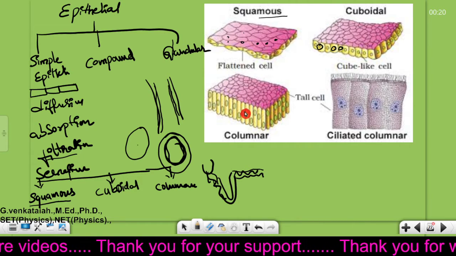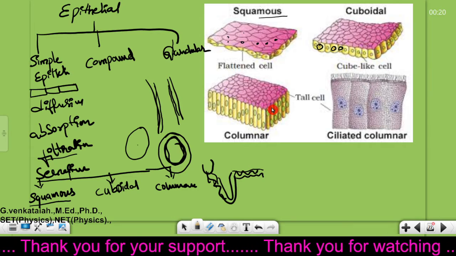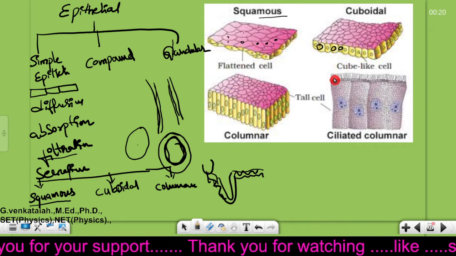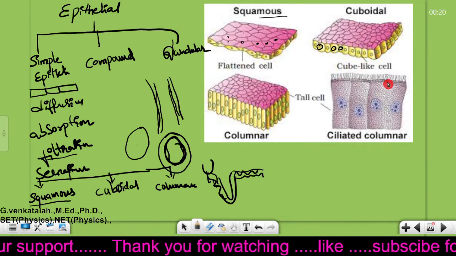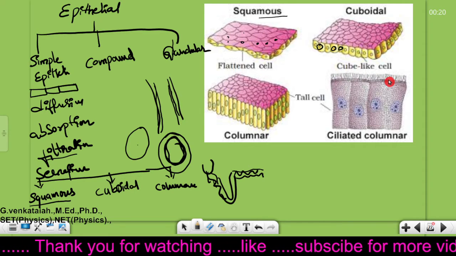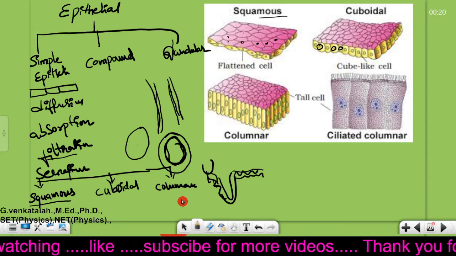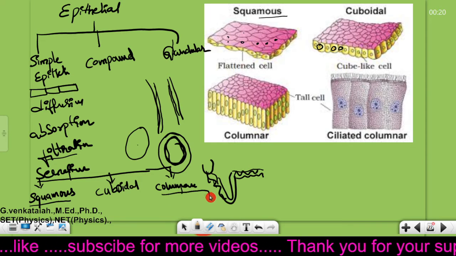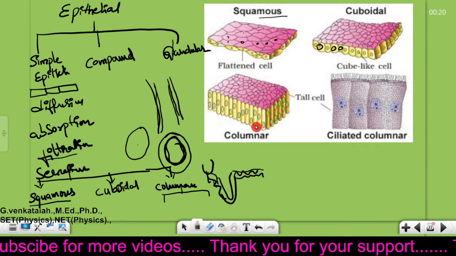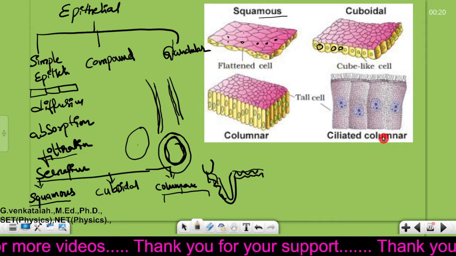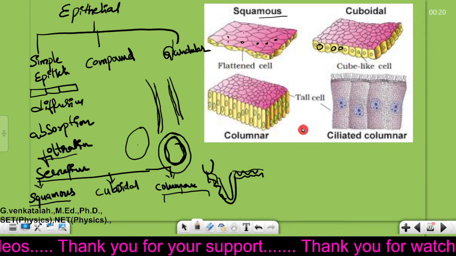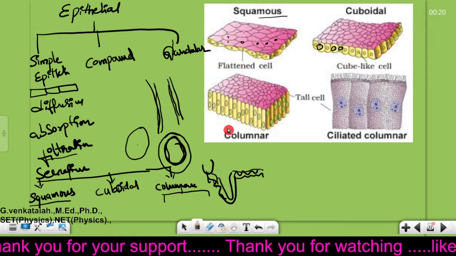But here, on the surface of the epithelial tissue, some cilia are present. Depending on the presence of cilia, columnar epithelium is divided into two types: ciliated columnar epithelium and non-ciliated columnar epithelium.